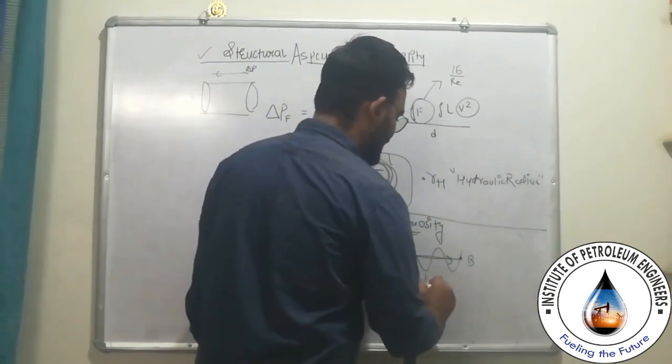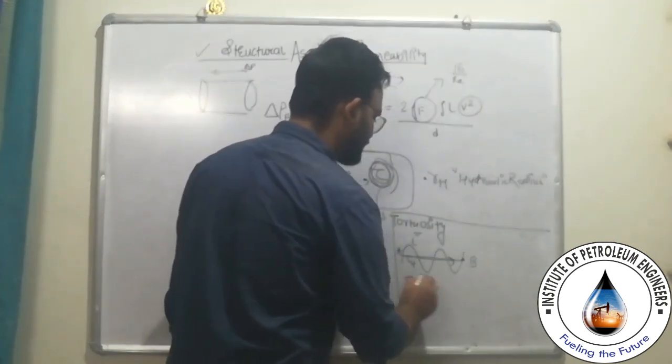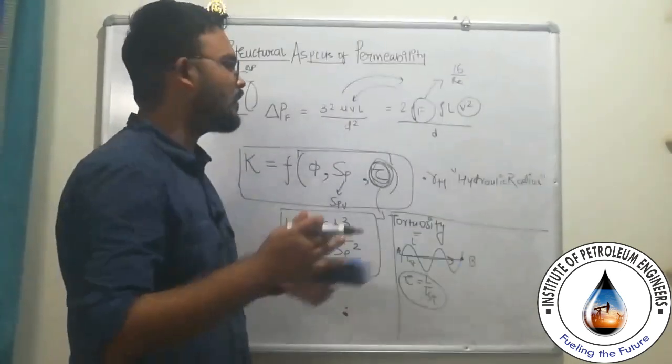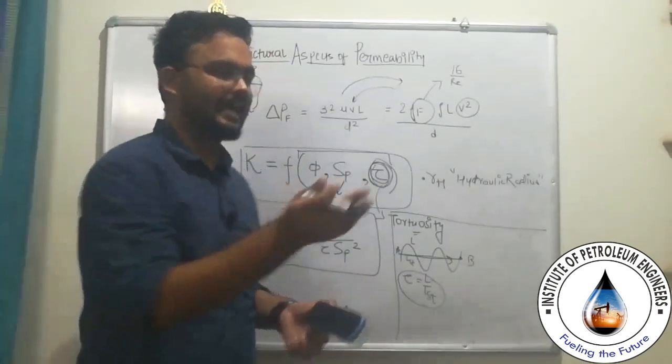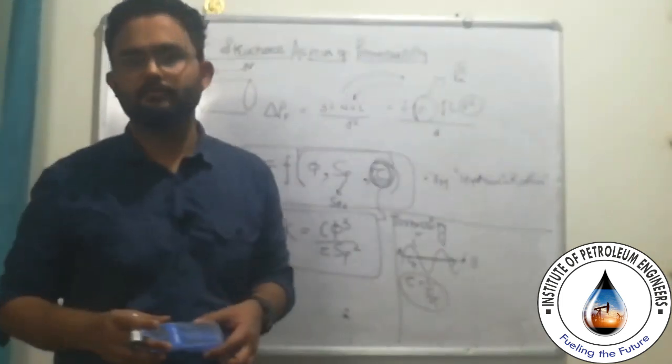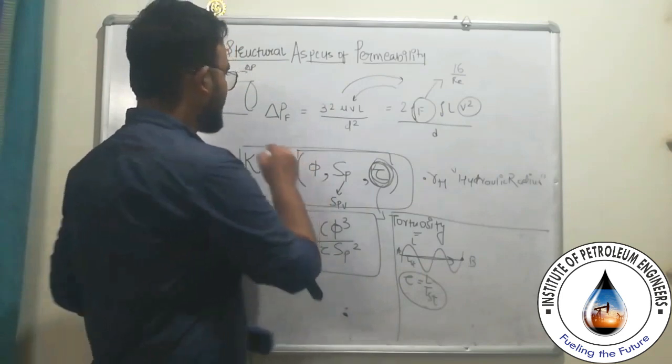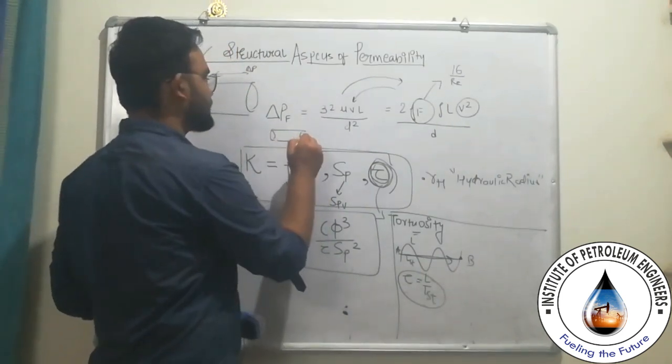So it's basically L upon L straight. Just keep in mind what tortuosity means. It's a measure of how zigzag the connection of the pore throats is, right? So it is the basic deviation from the absolute straight pipeline assumption that we take.